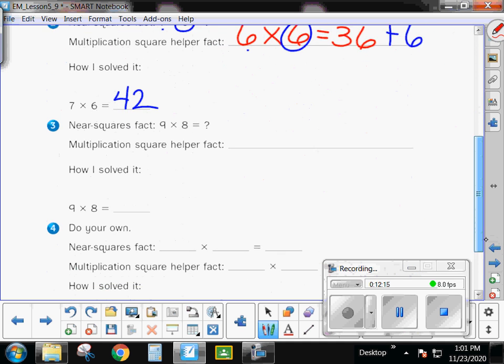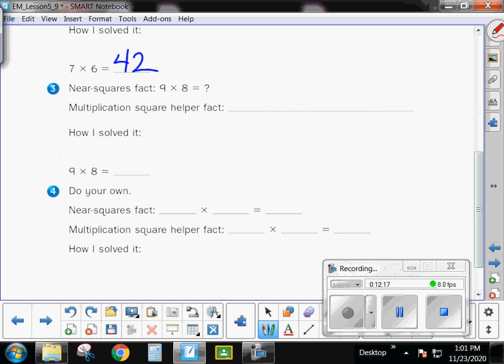All right, let's go ahead and do 9 times 8. Pause the video, solve this problem, and then restart, and we'll check it together. All right, again, I would have chosen the smaller factor to double. So 8 times 8 is 64. And now I know that 9 times 8 is going to be bigger because 9 is bigger than 8.